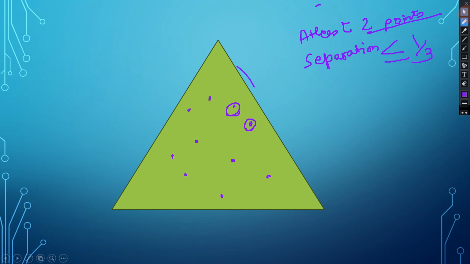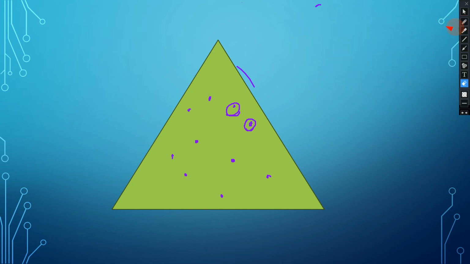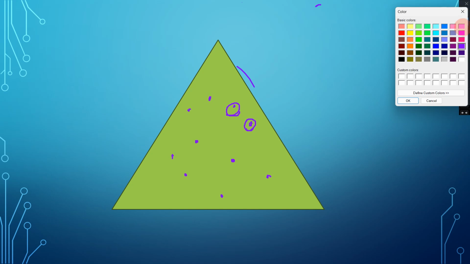Now, how to proceed with this question? As this question is saying the separation of 1 by 3 units, I'll erase it and change the color. We'll make it maybe green.